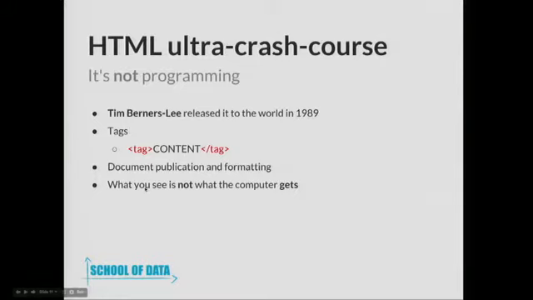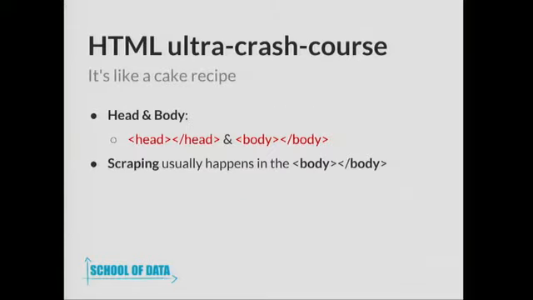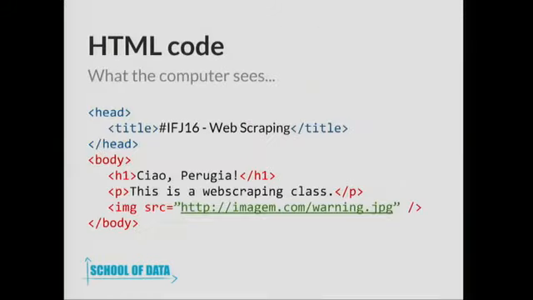What you see on a web page is not what the computer gets. So you write a recipe for the computer, and the computer understands that recipe and then displays the information on the screen. HTML is easy to understand because it has a head and it has a body. Scraping usually happens in the body of a web page, and the head section has information about the page.